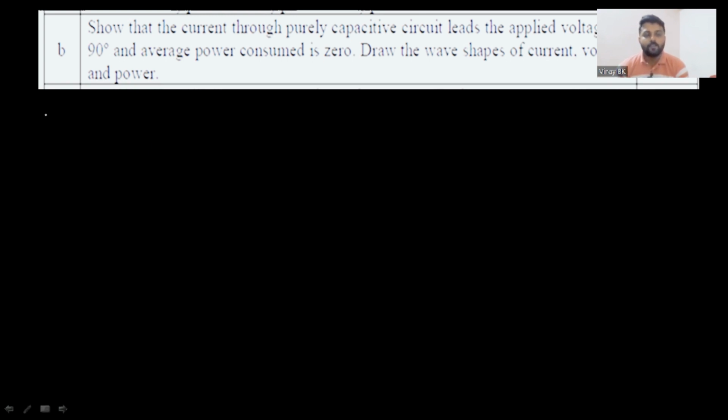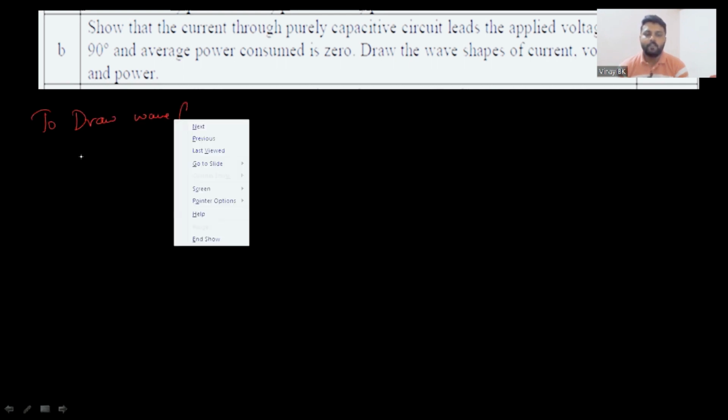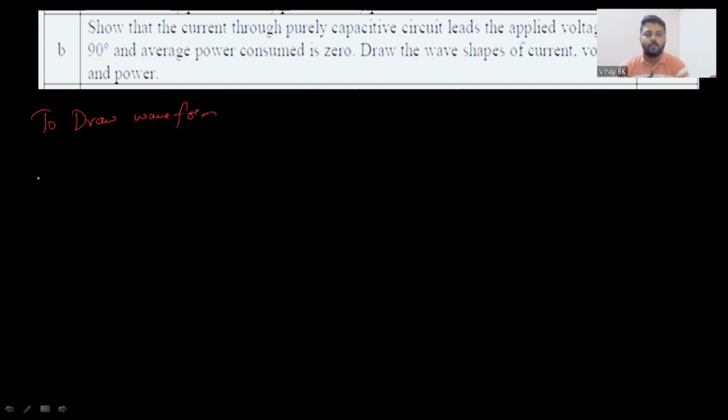To draw the waveform, first you should know the phasor diagram. For AC through pure capacitance, voltage is the reference and current leads the voltage by an angle of 90 degrees. So now we can consider, with respect to omega t, the input voltage.